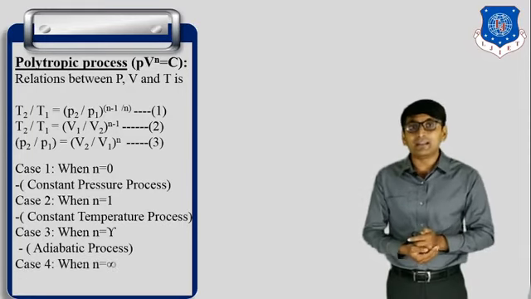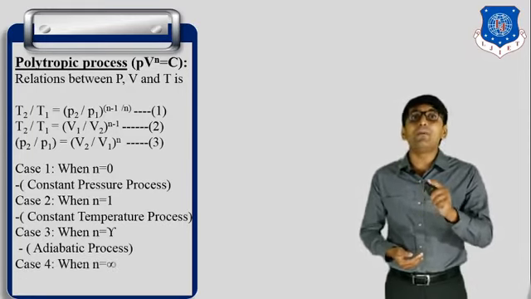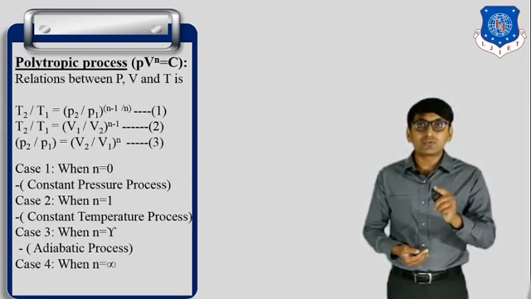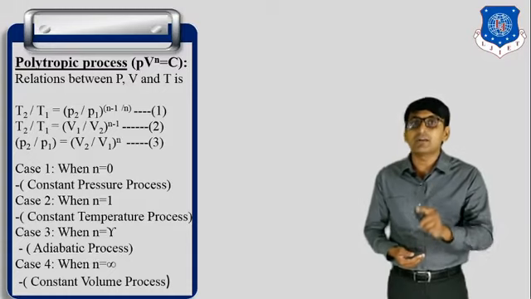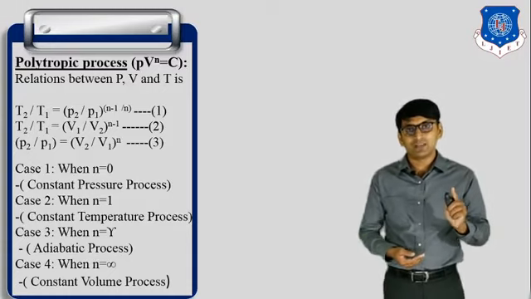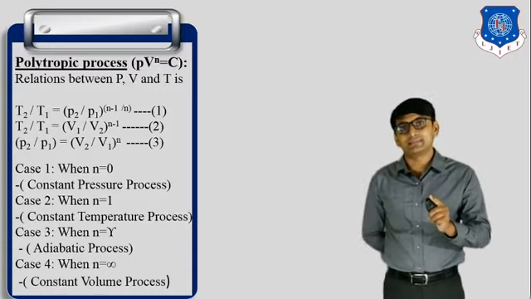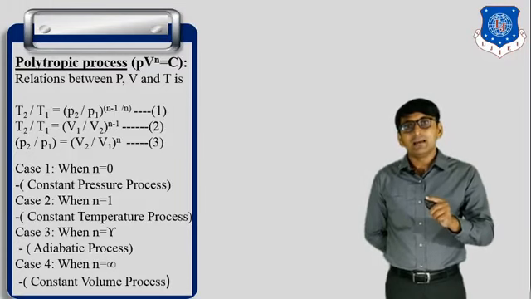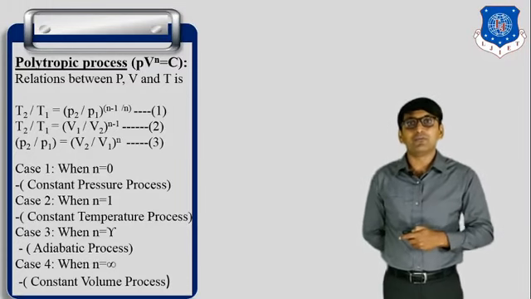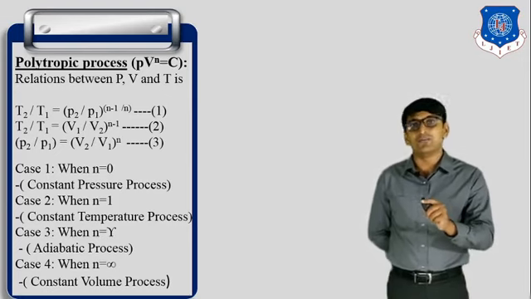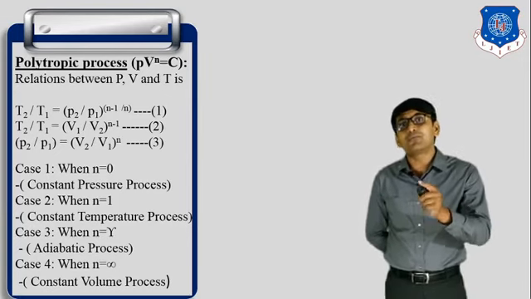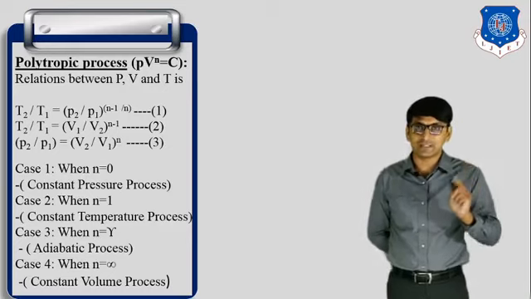And if n is equal to infinity, PV^infinity = C, and that is a constant volume process. So there are 4 cases, if we take n equal to 0, 1, gamma and infinity, that we get from the polytropic process.